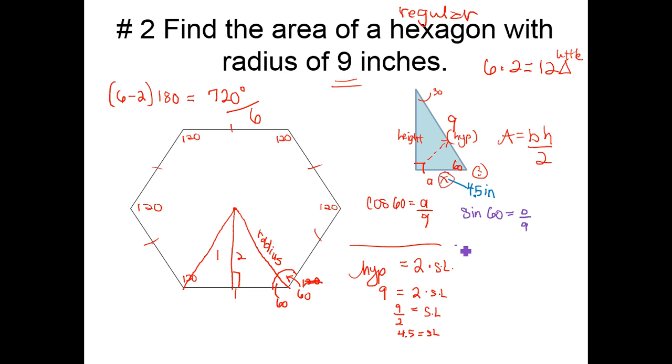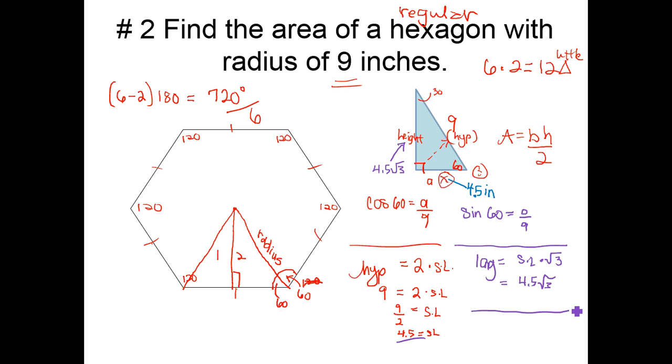Or you could use the 30, 60, 90 rules: the long leg is equal to the short leg times the square root of 3. So the long leg, which is what you're trying to find, is the short leg, 4.5, times the square root of 3. So the height would be 4.5 times the square root of 3.